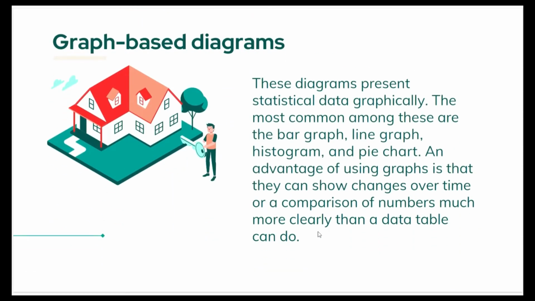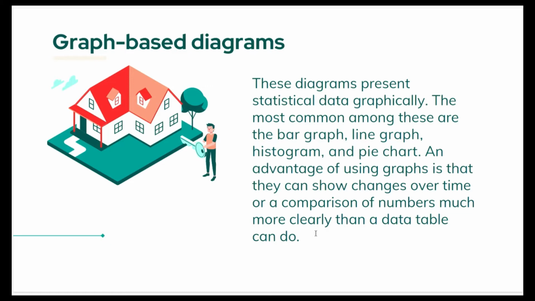And then the next one is the graph-based diagram. It presents statistical data. Common examples of these are bar graph, line graph, histogram, pie chart, and so on. We can create these graph-based diagrams with the use of Google Sheets or Microsoft Excel.